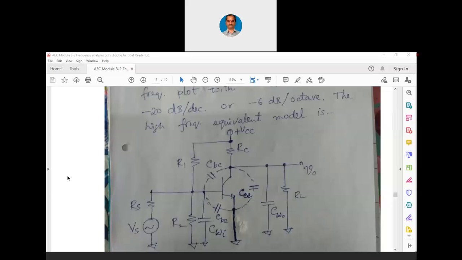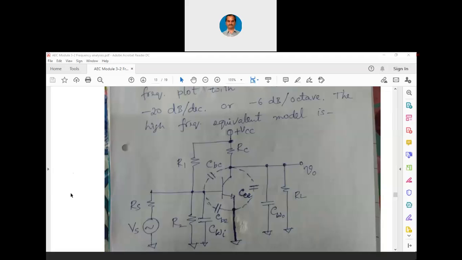In fact, base to collector is always remaining reverse biased when the transistor is working in the active region. Now, there is a base to emitter capacitance, that is a PN diode which is forward biased. Even when the PN diode is forward biased, there is a depletion region in between P and N. So, that capacitance also cannot be ignored in case of high frequency analysis. That is why we have written the CBE.